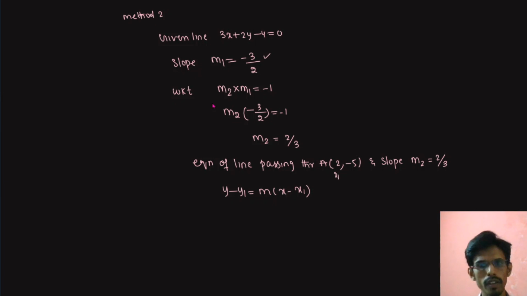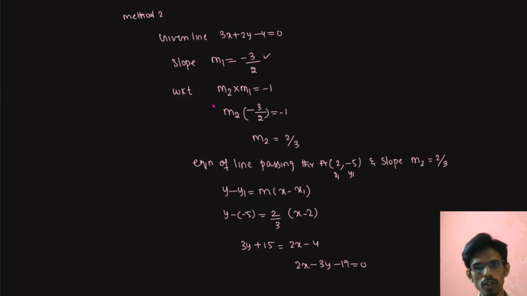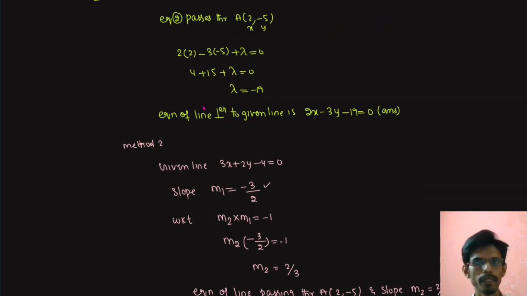Take it as x1, y1. So y - (-5) = 2/3 (x - 2). Cross multiply, I'll get 3y + 15 = 2x - 4. Now rearrange, this will be 2x - 3y - 19 = 0. Okay, this is the value.